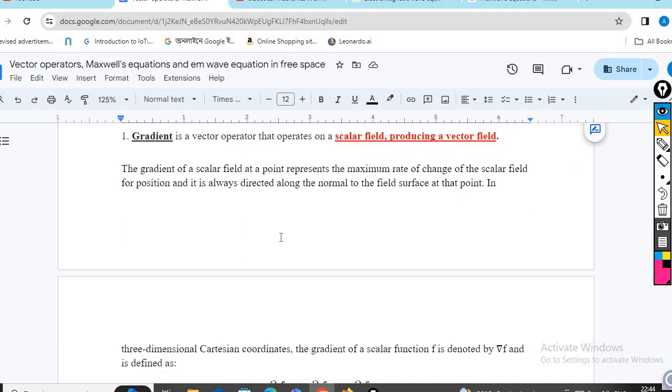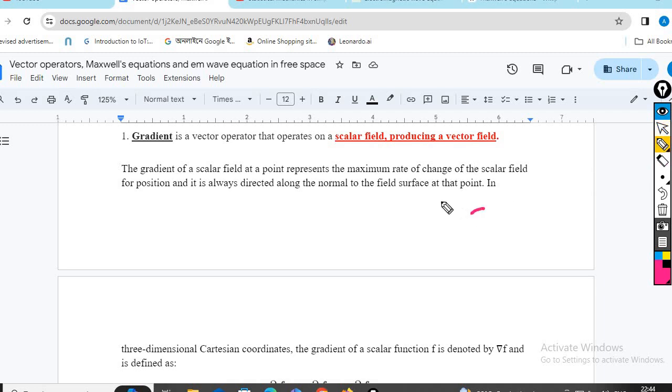So how are you going to do this? The gradient of a scalar field at any point represents the maximum rate of change of the scalar field at that position. And it's always directed along the normal to the field surface at that point.